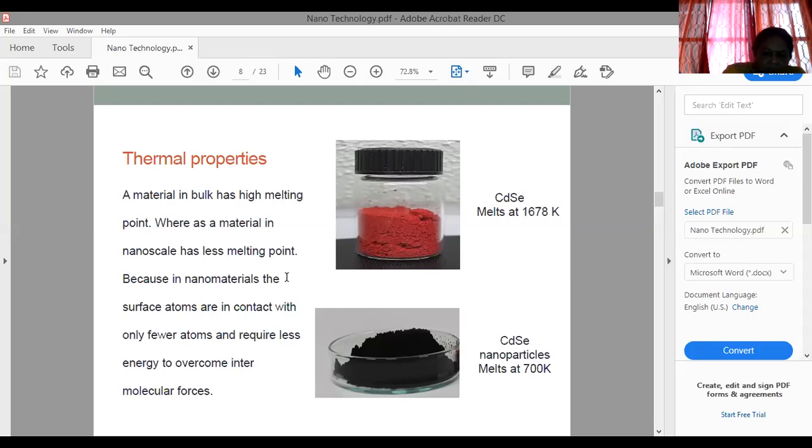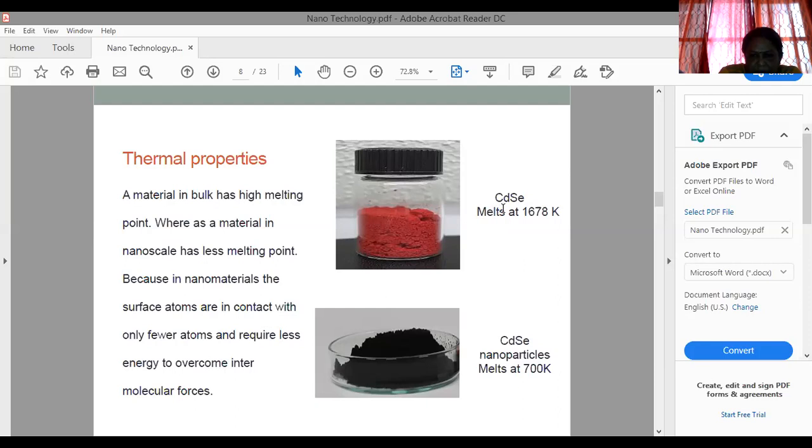So when you have a very small number of atoms in the nano size, then very easily the intermolecular forces can be overcome, or the molecules can be separated so that it melts. So less energy is required.